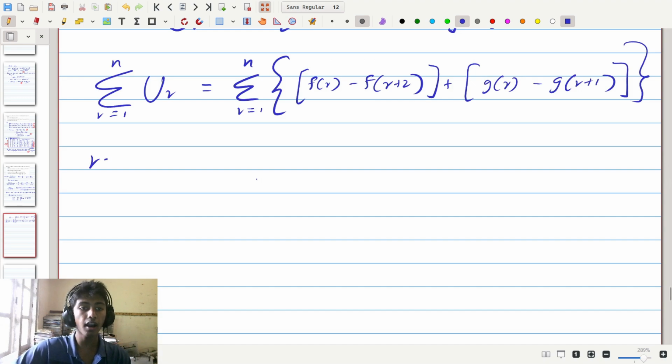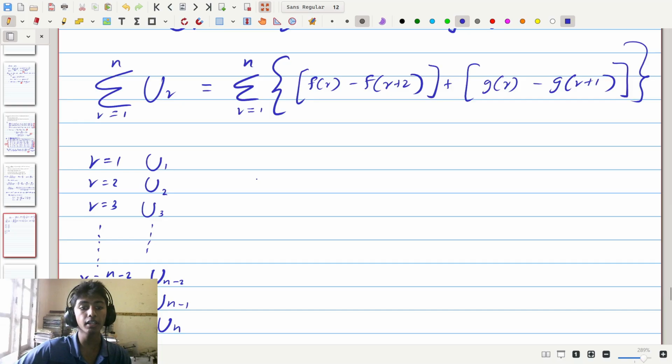So if we consider r equals 1, r equals 2, r equals 3, and I'm going to stop there, put a couple of dots, and go down until r equals n minus 2, r equals n minus 1, and finally r equals n. On the left hand side of this sum, we're going to have u of 1, u of 2, u of 3, and so on and so forth until u of n minus 2, u of n minus 1, and finally u of n.